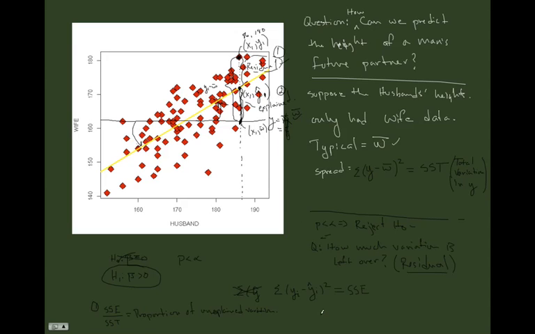So if we take the sum of squares error over total, SST for sum of squares total, and subtract that from 1, what we have is the proportion of explained error. And this is R squared. This is what we call R squared.